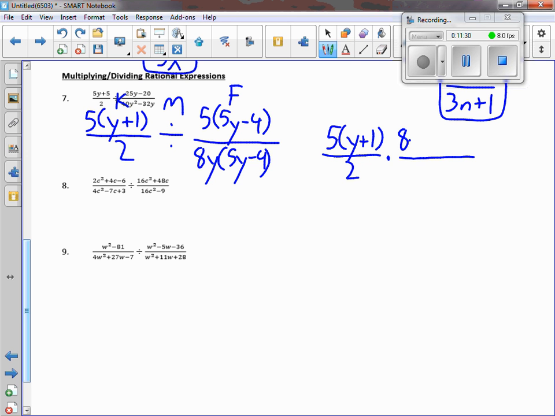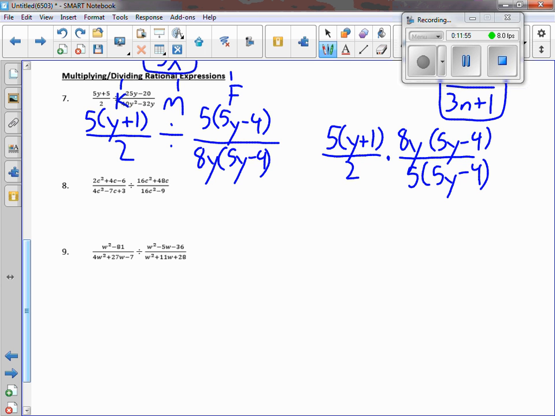So we get 8y, 5y minus 4 over 5y minus 4. If you remember in class, we made the joke, ketchup, mustard, fries, to help us remember what to do when there's division. We keep the first one, change division to multiplication, then flip the second one.